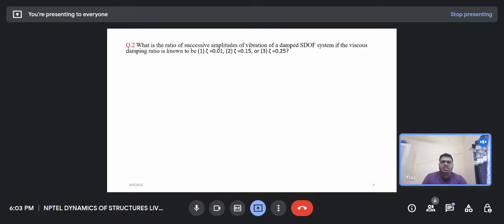Now we have a question related to the successive amplitude decrease, where due to damping the amplitude decreases.